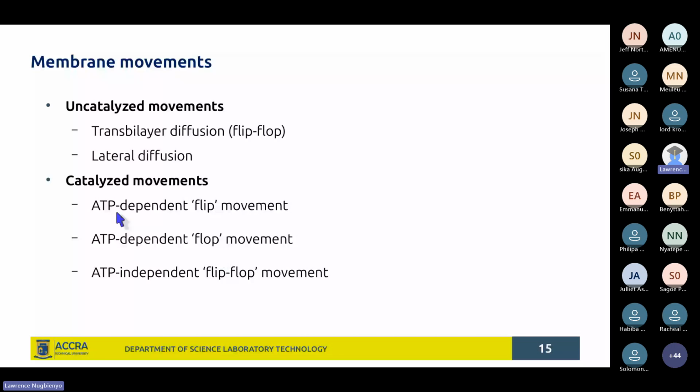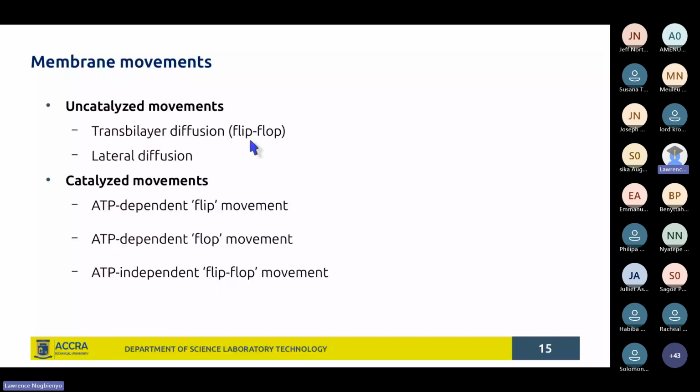So you have some ATP-dependent flip movement, ATP-dependent flop movement, and you have one of them which is ATP independent. So energy is not used in this case. Even though it's a catalyzed movement, there is no use of energy in that, which is flip-flop. So this last one is like a catalyzed flip-flop of the first one, which is uncatalyzed.